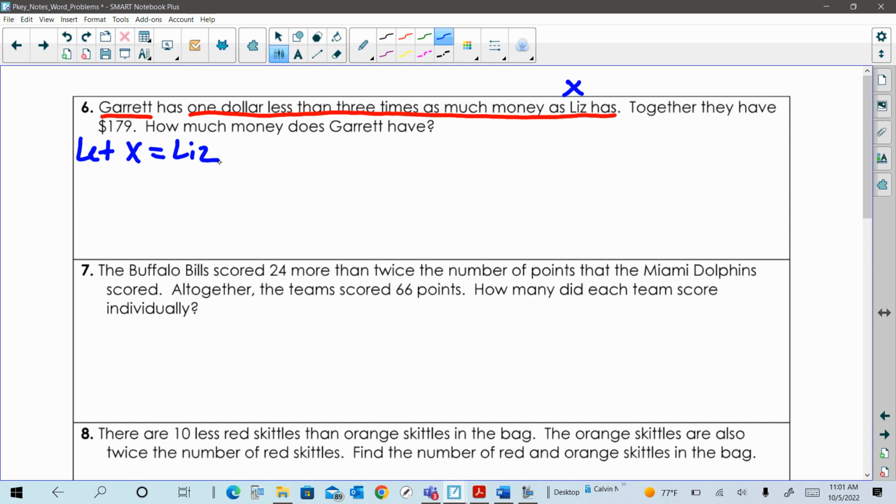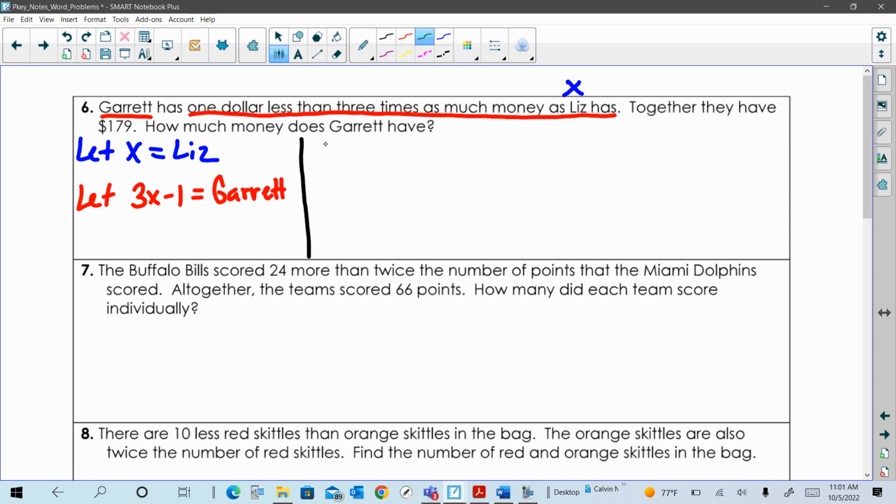Because Garrett's money is based on the comparison of what Liz has. So how am I going to represent Garrett if he has $1 less than 3 times? 3x minus 1 equals Garrett. Okay? All right, so that's the first step. State your let statements. Define your variables.